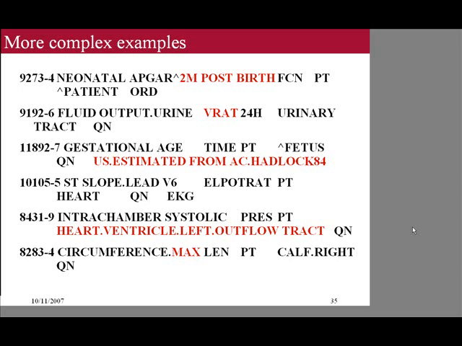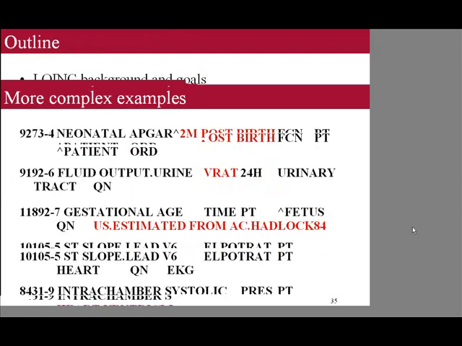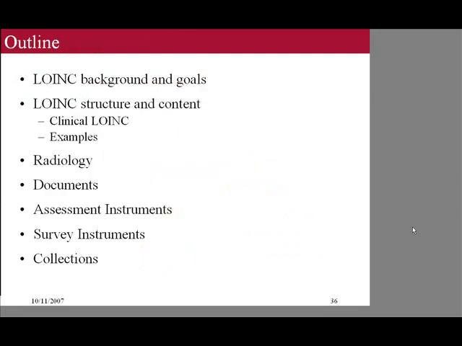And intratracheal systolic pressure, but it's the pressure that was in the specific heart ventricular outflow tract. And a head circumference that's not just any circumference, but it's actually the maximum circumference of the right, in this case not a head circumference, but a calf measurement. So those are sort of the examples of the structure and content of LOINC.